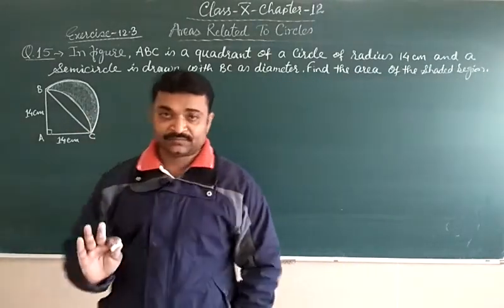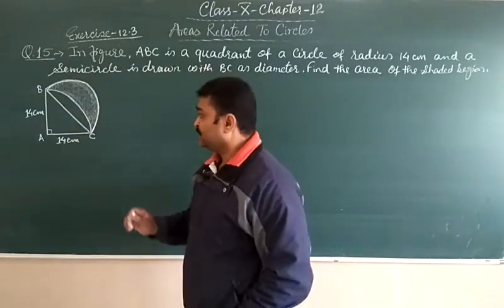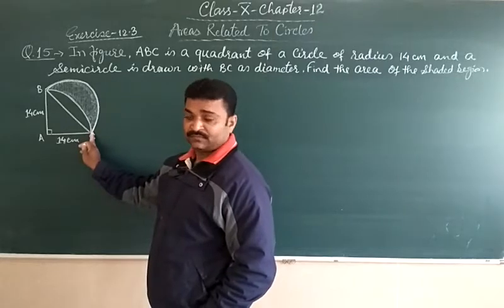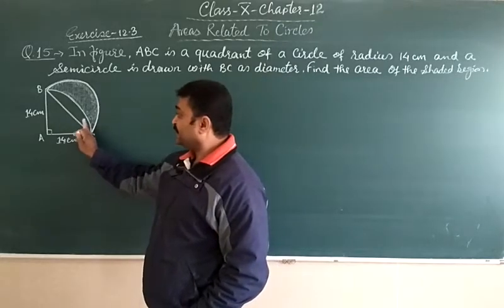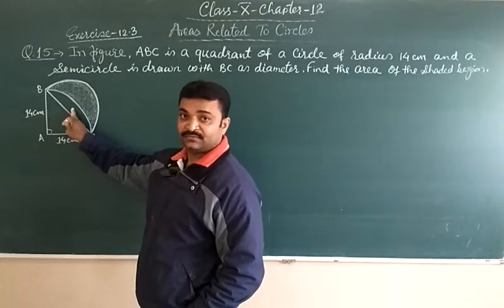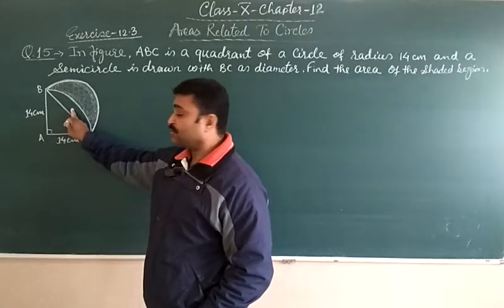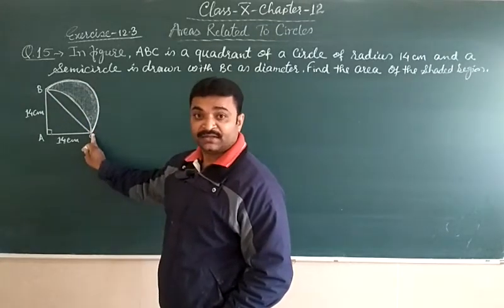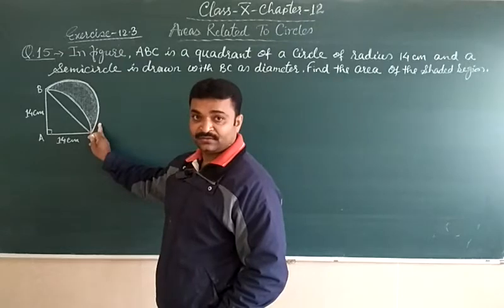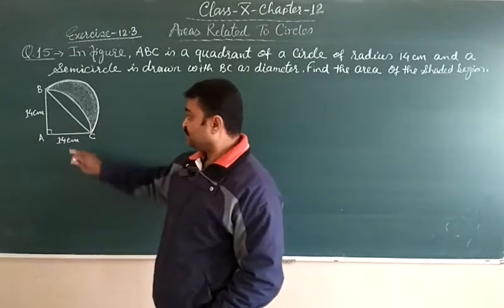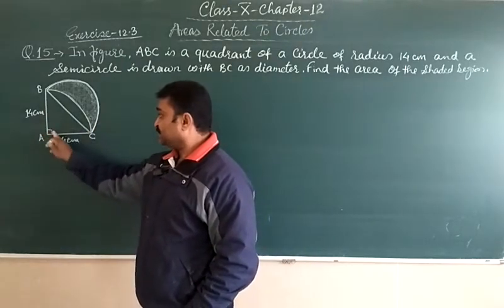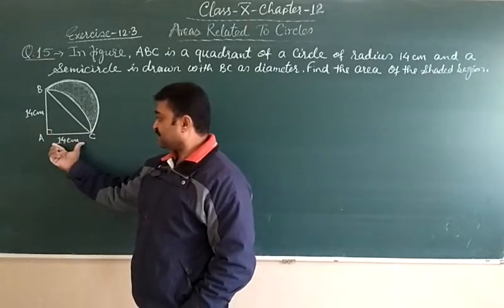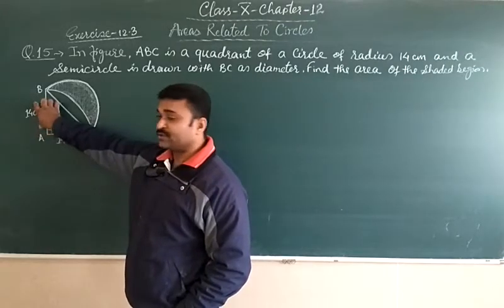How do we find it? Simply, the area of this semicircle minus the area of this segment will give the answer. To find the area of this semicircle, we have to find the radius of this semicircle. How do we find the radius? See, it's a right angle triangle. This side is 14 centimeter, this side 14 centimeter.